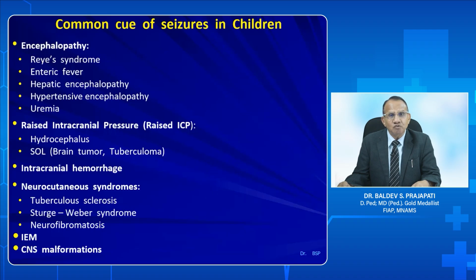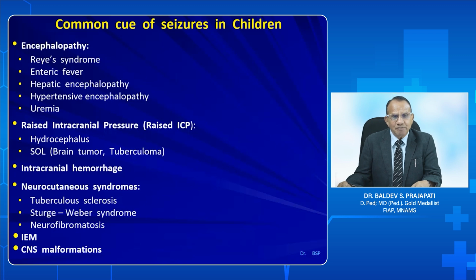Sometimes nobody has measured the blood pressure and it may be encephalopathy due to hypertension, that is hypertensive encephalopathy, maybe due to uremia, or raised intracranial pressure in a case of hydrocephalus or a space occupying lesion like brain tumor, tuberculoma, etc. Intracranial hemorrhage due to various reasons, neurocutaneous syndromes which I was talking about, like tuberous sclerosis, Sturge-Weber syndrome, neurofibromatosis, and so on. Inborn errors of metabolism and malformations are also common in this group.